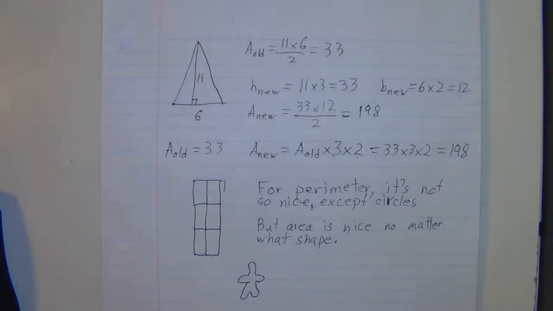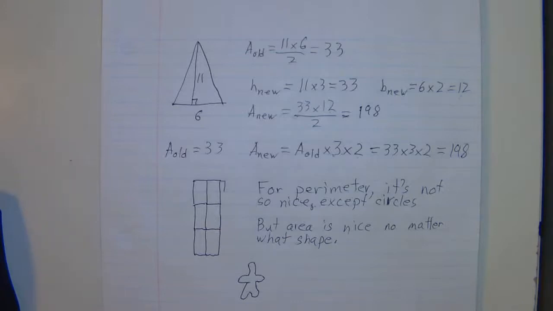Jackson, we just said a couple of things about perimeter. I'm going to let you work through them and try them out in the handout as your homework. But the one thing I did say about perimeter is it's not like area, where area we get things working out nicely. If you double the length, the area doubles. If you triple the height, the area triples. If you double the length and triple the height, the area is going to multiply by 2 times 3, which is 6.